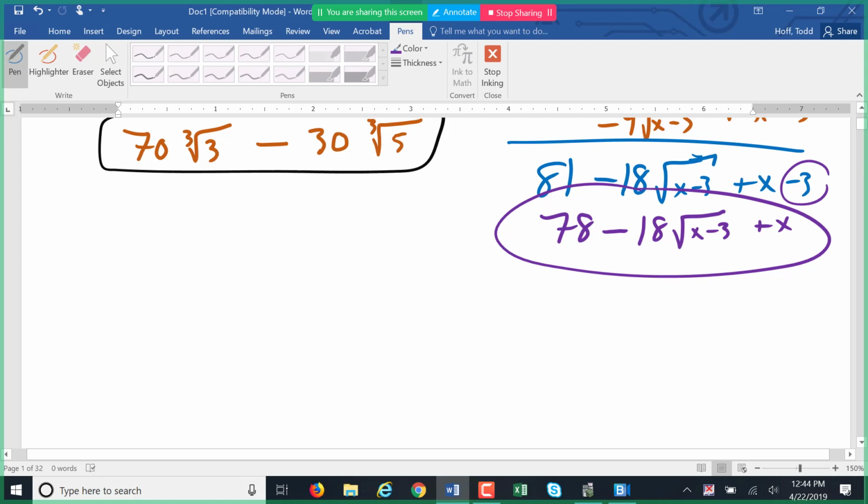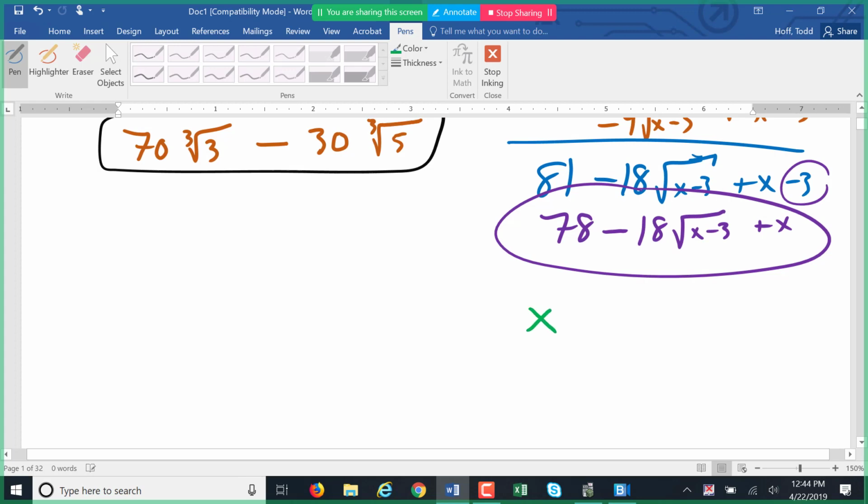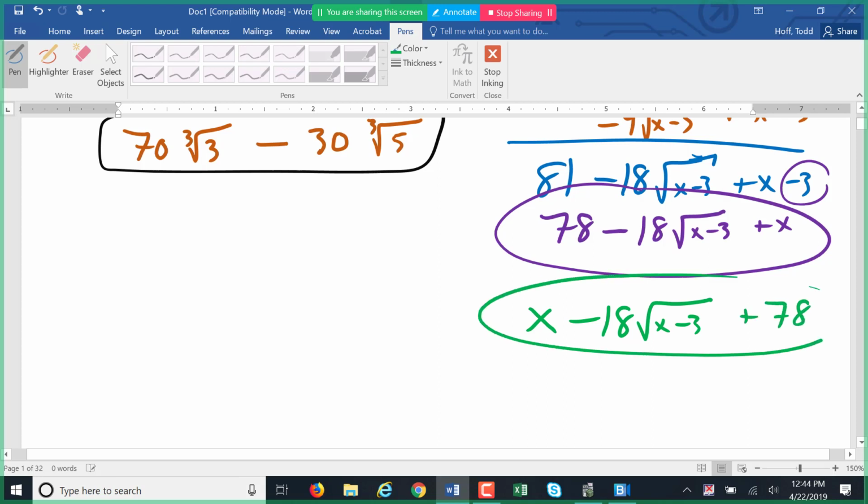That's what we get. My math lab may ask you to put that in descending order. So x minus 18 times the square root of x minus 3 plus 78 would be descending order. Any questions on that one?